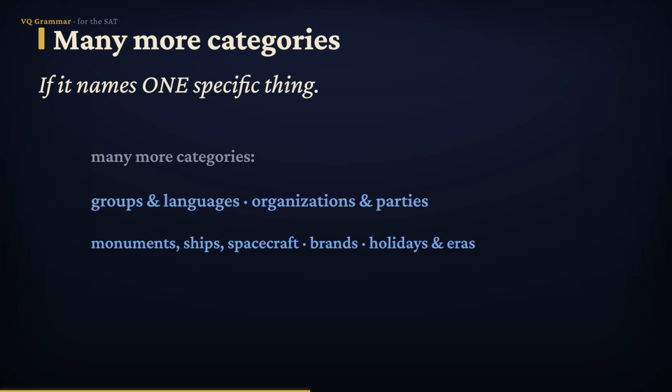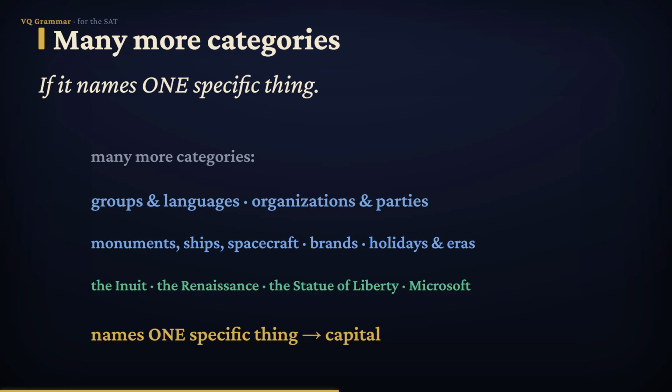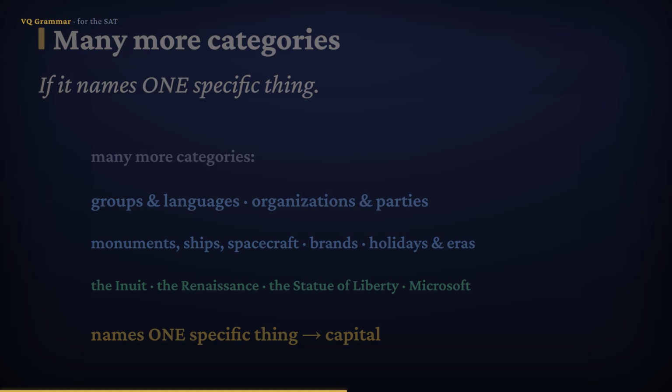The Statue of Liberty, the Titanic. Capitalize brand names, Microsoft, Nike. And capitalize holidays, special events, and historical periods. Thanksgiving, the Renaissance, the Great Depression. The common thread is simple. If the word names one specific, particular thing, one you could point to on a list, it earns a capital.